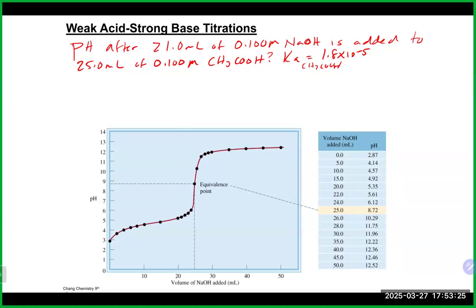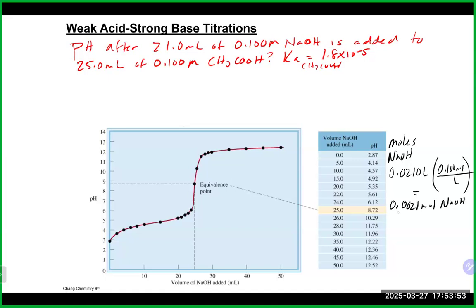Here, we've obviously started the titration, so I'm going to need some moles, and we'll do some moles here of our sodium hydroxide. We do need to convert our volume into liters here. We're going to multiply it by our molarity, which is 0.1 moles per liter. And that's going to get us 0.0021 moles of sodium hydroxide.